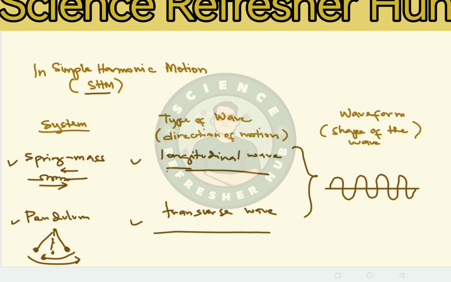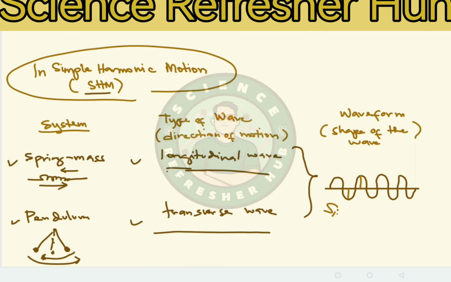Amplitude is the height of the wave from this point to this point, or from this point to this point. They will have the same height in meters. If we graph the motion of the spring mass and the pendulum exhibiting simple harmonic motion, this is what we call the sinusoidal waveform.